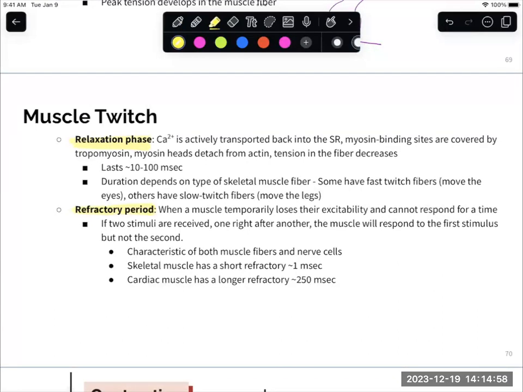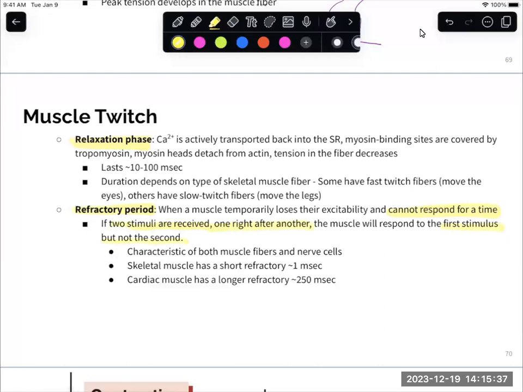This refractory period is the time where a muscle, not just skeletal muscle, cannot respond to another stimulus. So if two stimuli are received, one right after another, the muscle will respond to the first one, but not the second one.